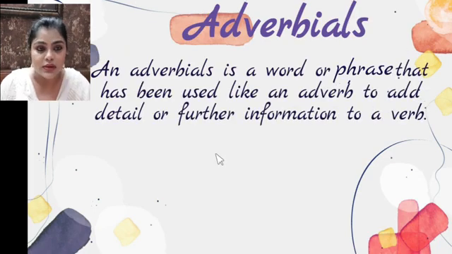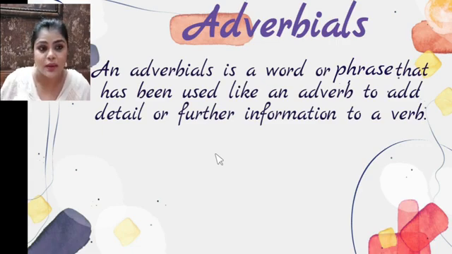An adverbial is a word or a phrase that has been used like an adverb to add details or further information to a verb. That means it behaves like an adverb.